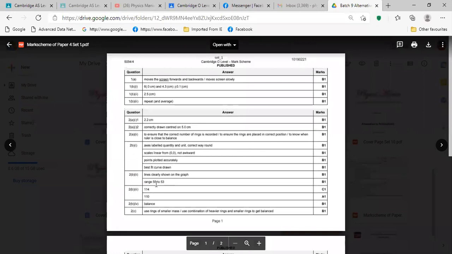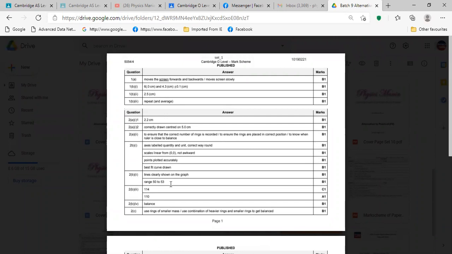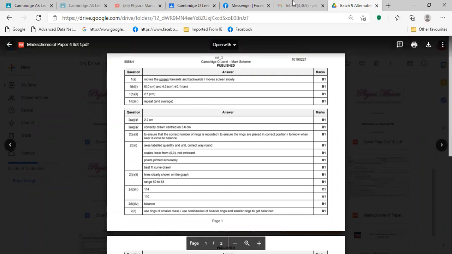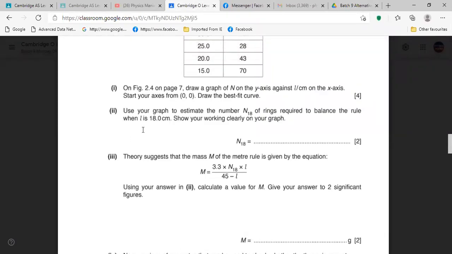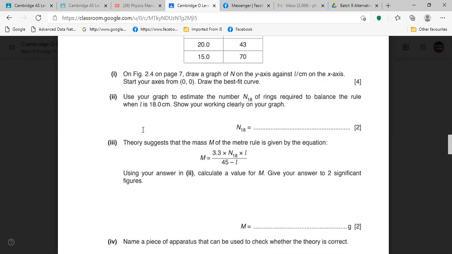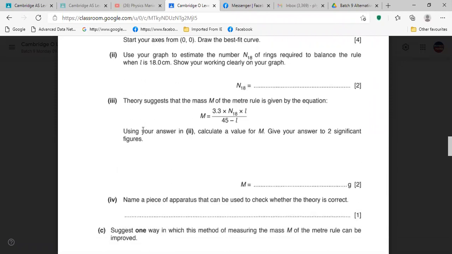So you see the range is from 50 to 53. If your one is in the range, 52 is inside the range also. It's 52.5 actually. Whatever, you write 52.5 or 52 or 53, you check where it is exactly.